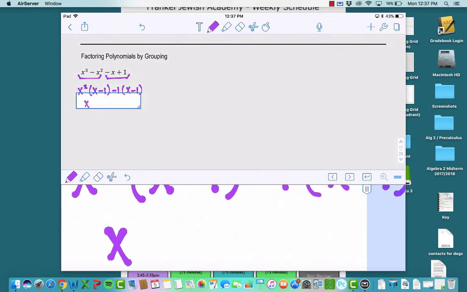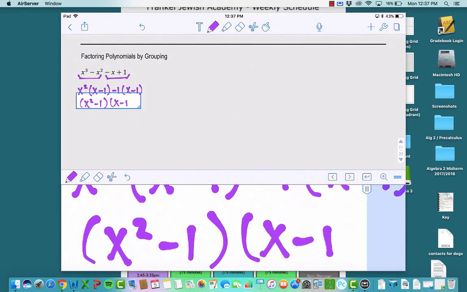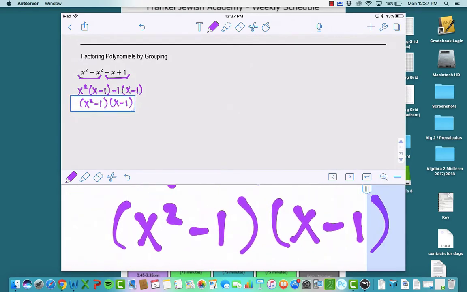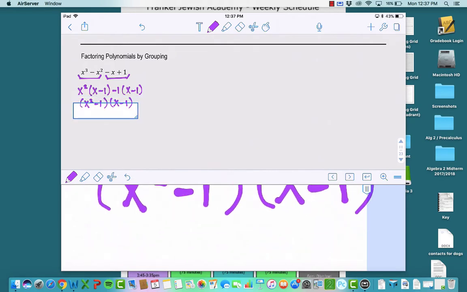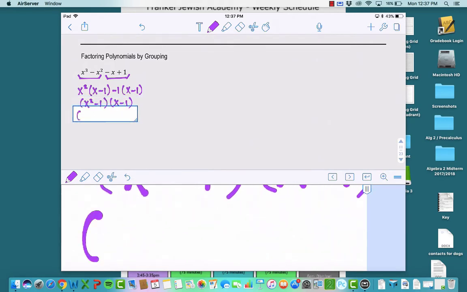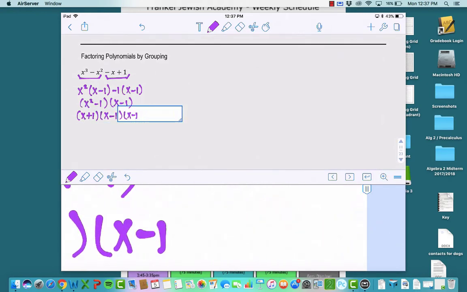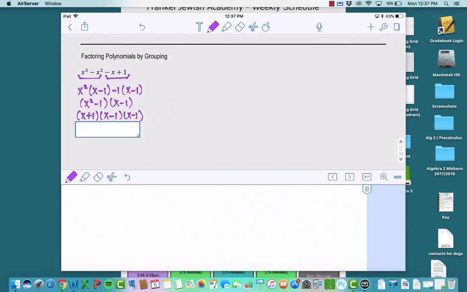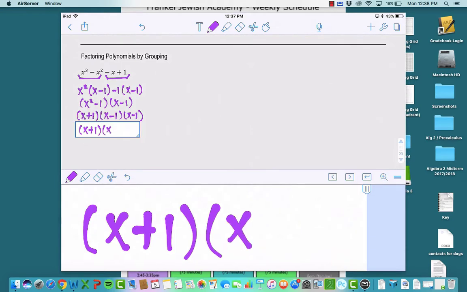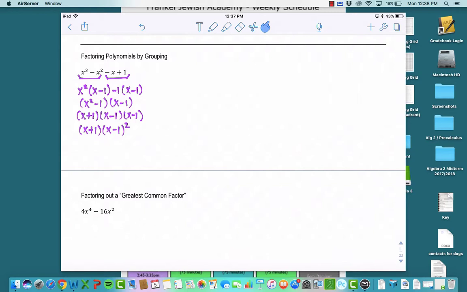And I'm left with x squared minus 1 outside of the parentheses and x minus 1 in the parentheses. I should notice at this point too that x squared minus 1 is a difference of squares, so I can keep going. You get x plus 1, x minus 1, x minus 1. Now, just to take a note, you can also write that as x plus 1, x minus 1 squared, because there is 2 of them. And that's going to be more helpful at the end of Chapter 6 than it is right now.